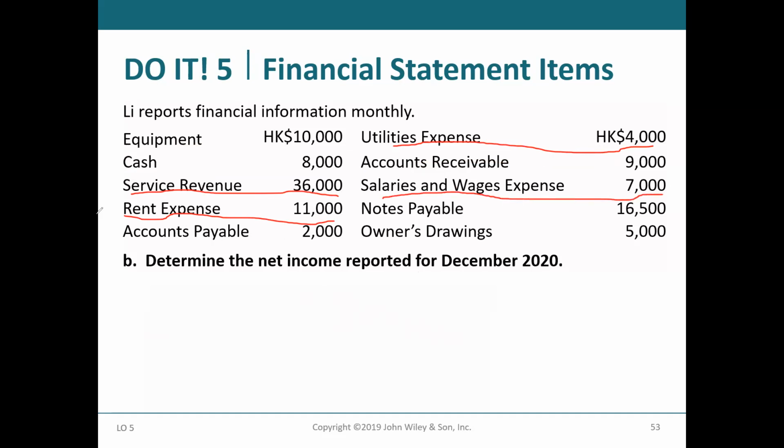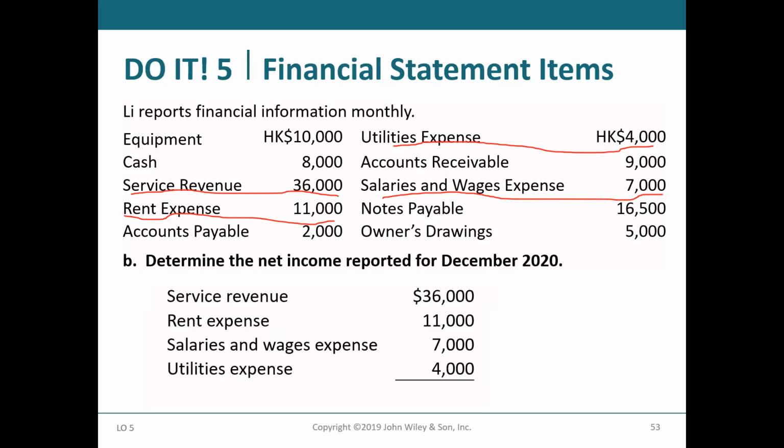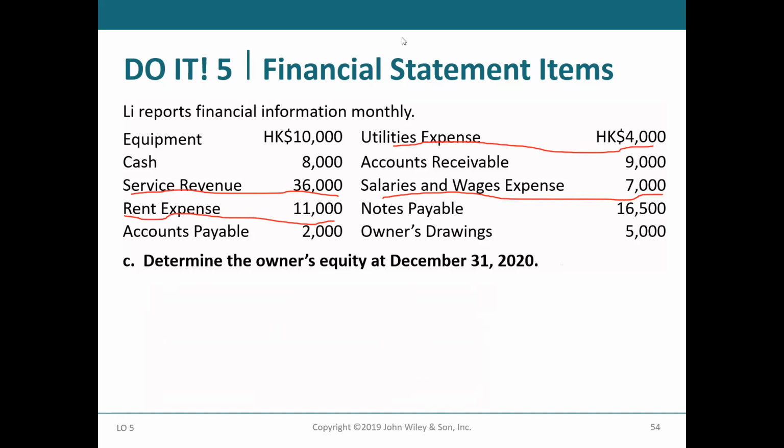Do we subtract drawings? No. Only take revenue minus expenses, and that will give you the net income. So the revenue is 36,000 minus rent expense, utility expense, and salaries and wages expense, and that will give you a net income of 14,000.